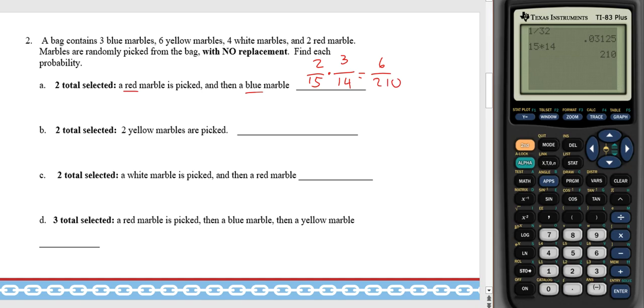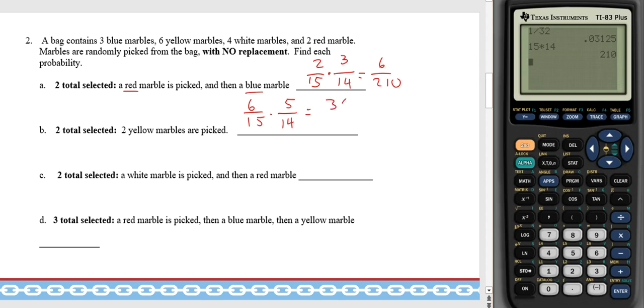So then on number 2, or part B, I guess, 2 yellows. There's 6 yellows the first time. And then there would be 5 yellows the second time. Right, so you would have that.